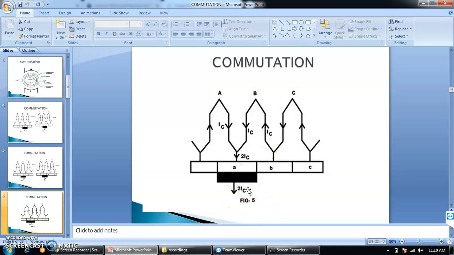So we can conclude from these 5 consecutive figures, figure 1, 2, 3, 4 and 5, that in practical cases, when the brushes are sweeping on the surface of the commutator segment, within that fractional time period, the collected current through the brushes always remains constant.